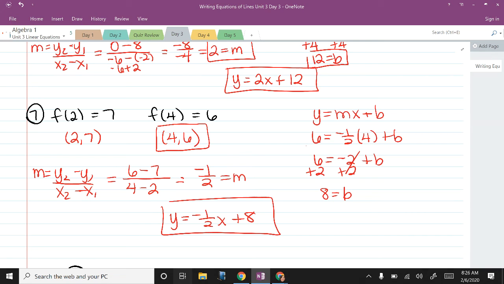Okay. So let's just talk for a second. We have learned 2 forms of equations of lines already, right? We've learned slope-intercept form. What does slope-intercept form say? Y equals mx plus b.